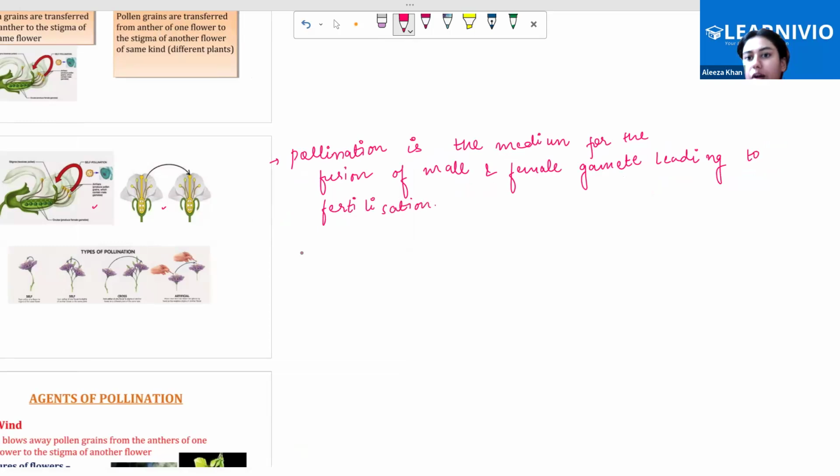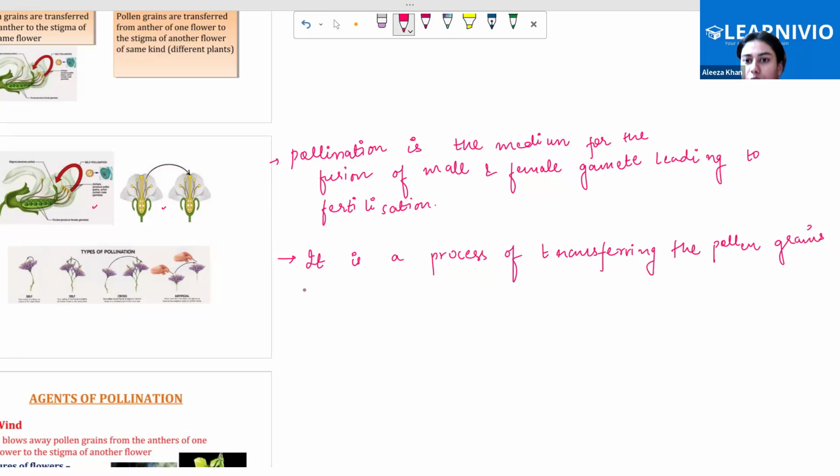If a question comes to define pollination, it is a process of transferring the pollen grains from which part, Shreya?